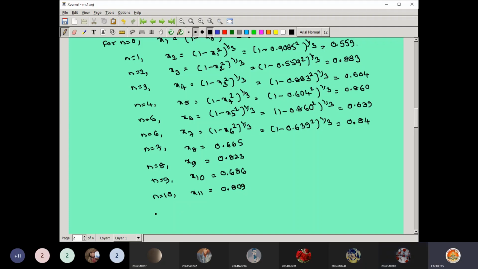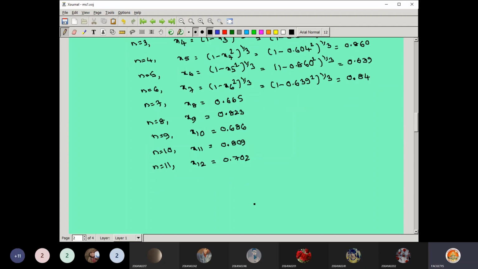Go for the next, n equal to 11. It is the x12 value. The difference changes by a small amount. So will you get 0.7 something? 0.702, right.